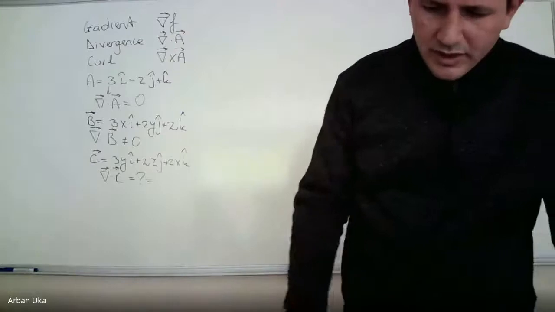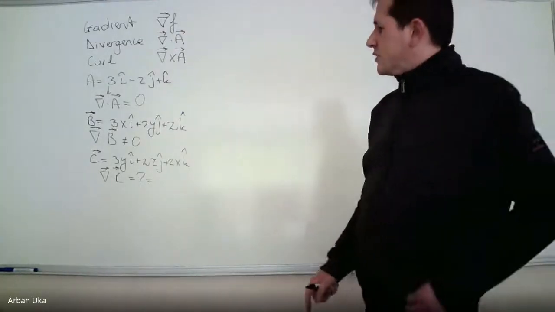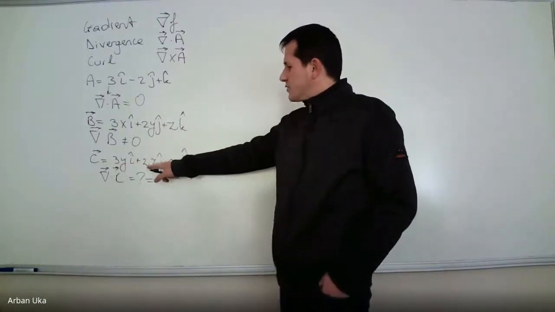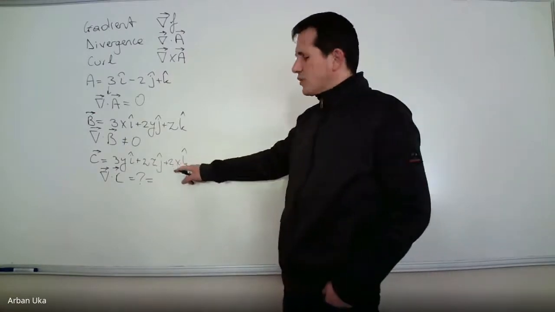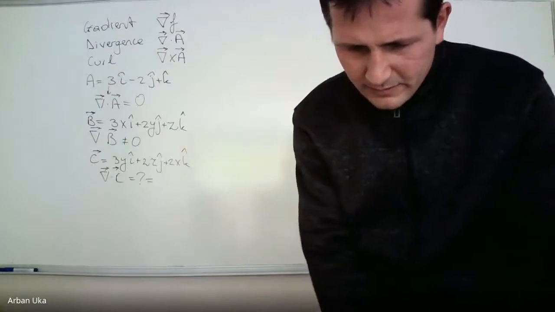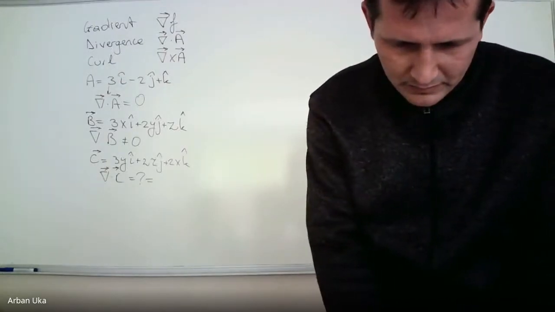So we know that the divergence is the rate of change of the first parameter with respect to x plus the rate of change of the second coordinate with respect to y and of the third coordinate with respect to z. So in this case, what could you say? Zero.